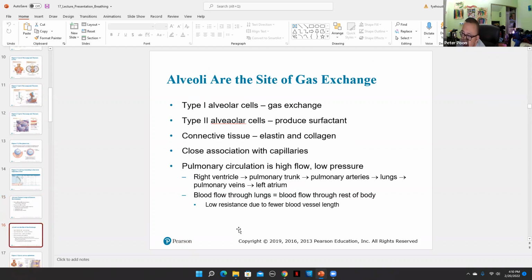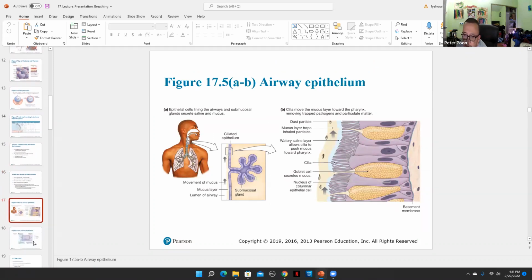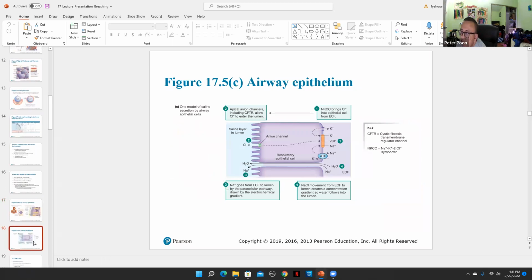Airway epithelium is also all anatomy, so we'll skip that.